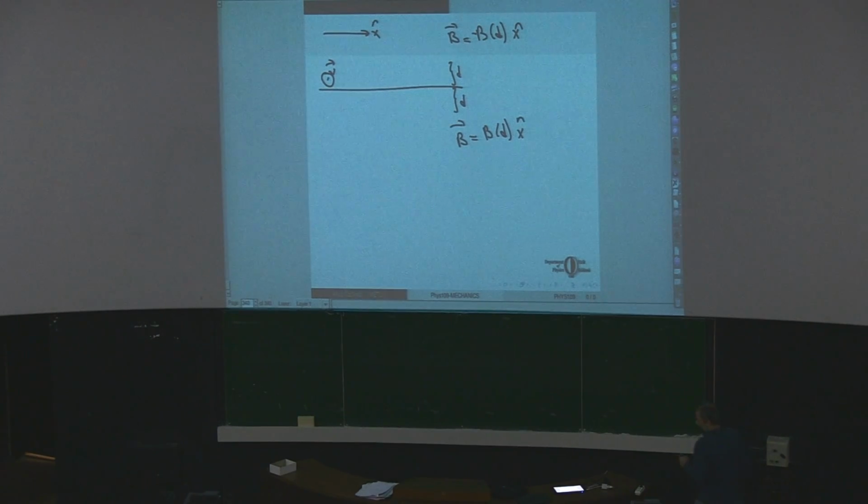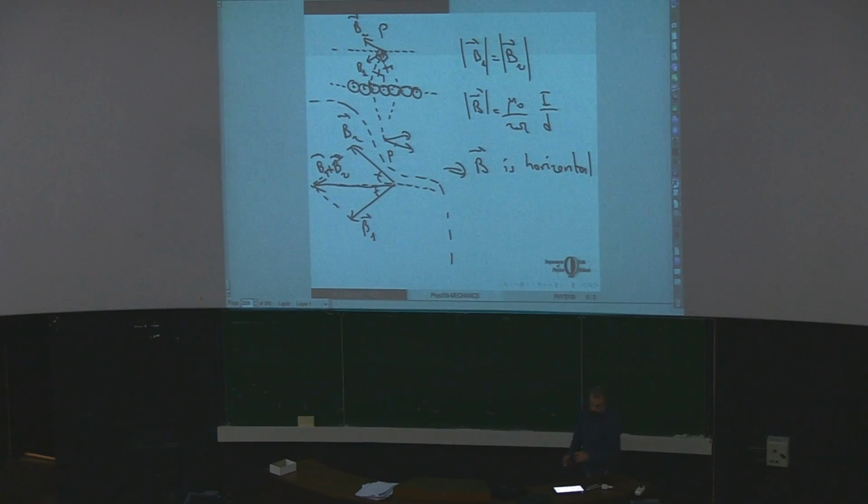If you go back to the previous case, if you take P and P prime to be at the same distance from the plane, the magnetic fields created by these two small currents will have the same magnitude. The resultant vector will have the same magnitude.